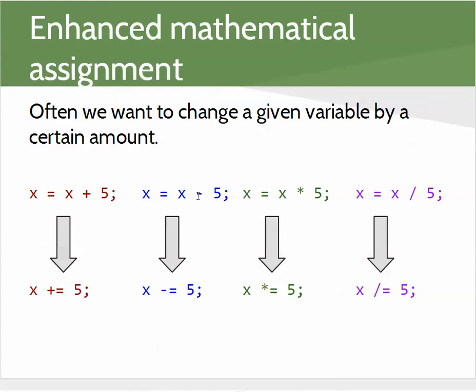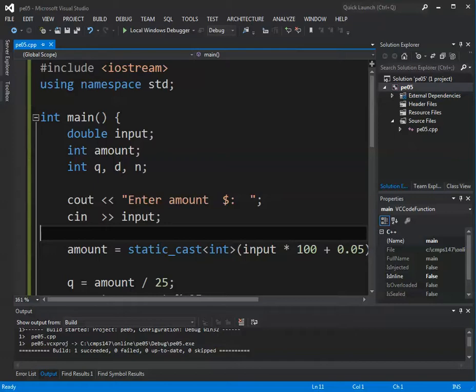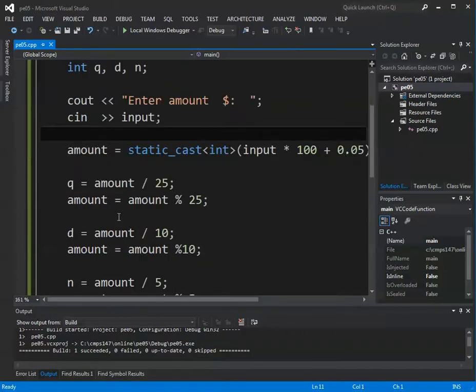And this works for subtraction, it works for multiplication, it works for division. If we go over to programming exercise 5 we did in the previous module, this was computing dollars and cents and coin and exact change.